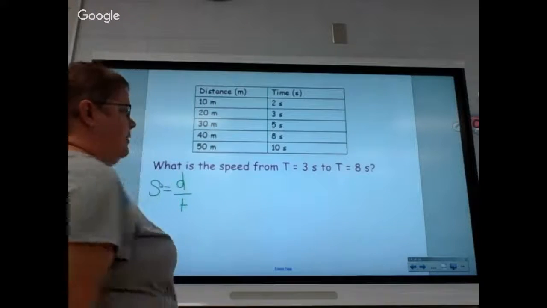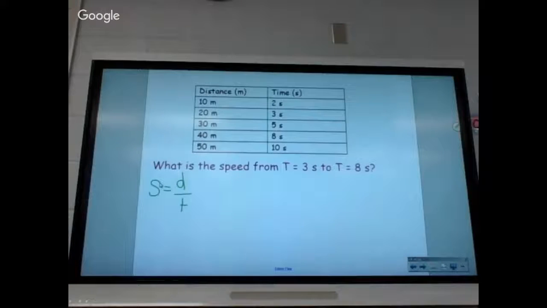All right, so we're going to find speed. When we look at this, we're trying to find speed. Caitlin, you want to put your phone on my desk, right beside my laptop, please?